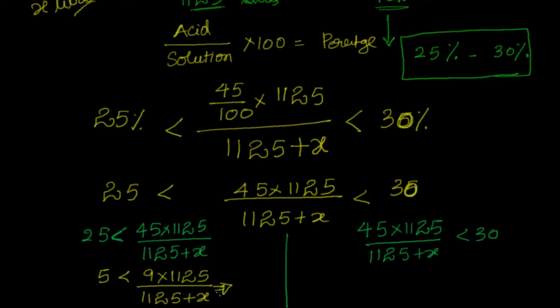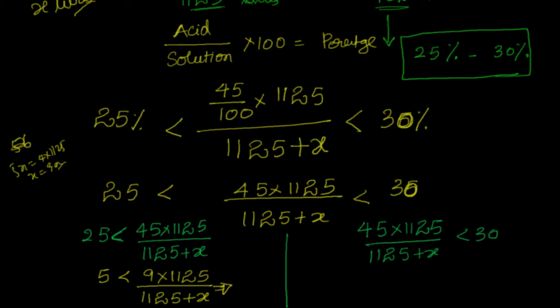Now if you simplify this, you get 5 into 1125, and this is 9 into 1125, 5x equal to 4 into 1125. You can simplify that, and you will get x equal to 900. Okay, how we will get it, we will see.